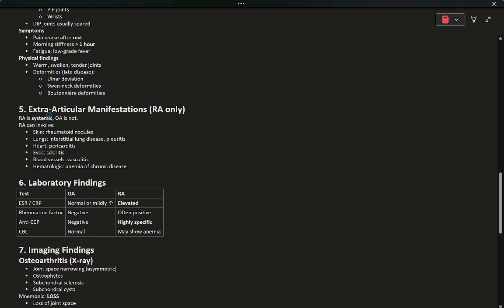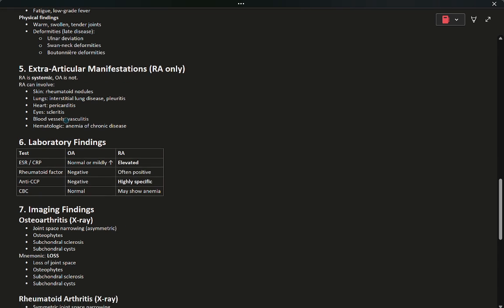And then for extra-articular manifestations, these will apply to rheumatoid arthritis only, as rheumatoid arthritis is systemic in nature, while osteoarthritis is not.